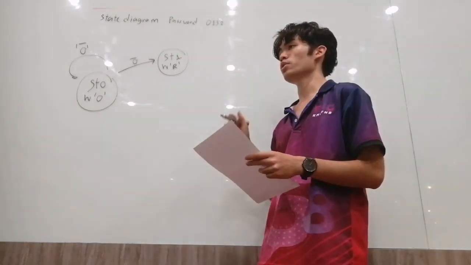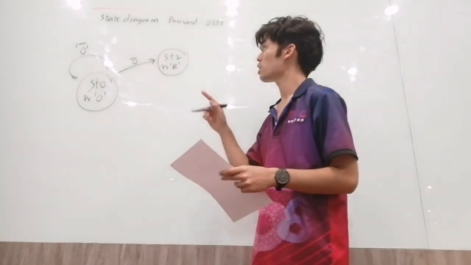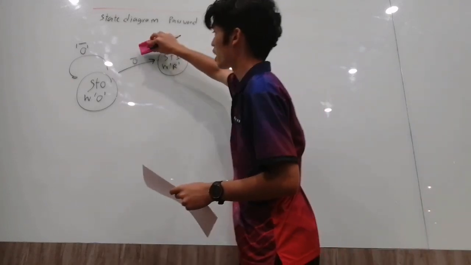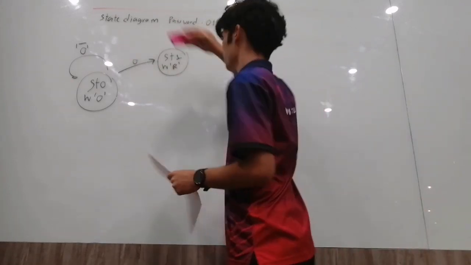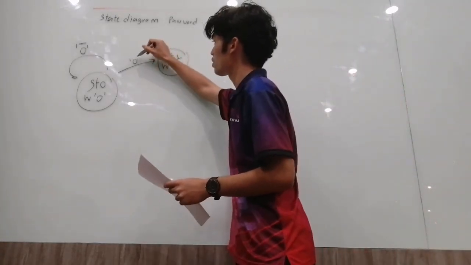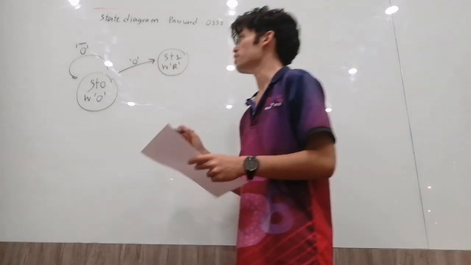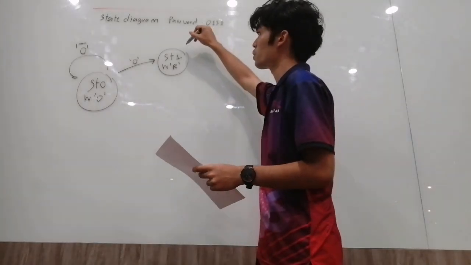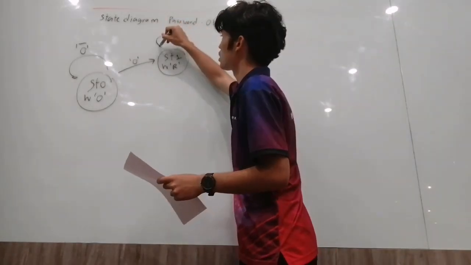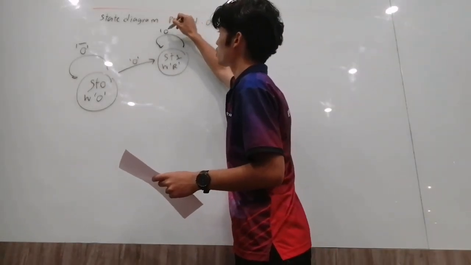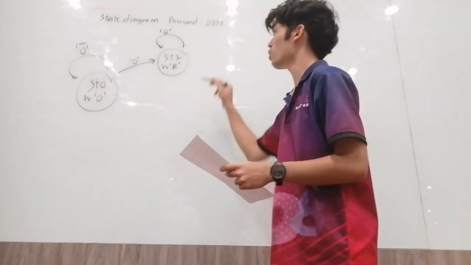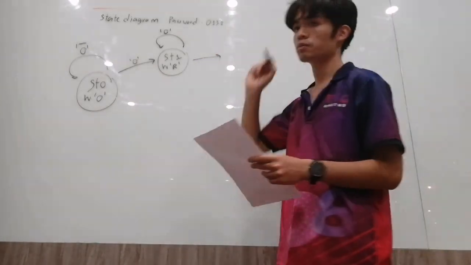If we are still pushing switch 0, it stays in state 1. Push 0 is still in state 1. And when we release the button, it will go to the next state to check the next password digit.